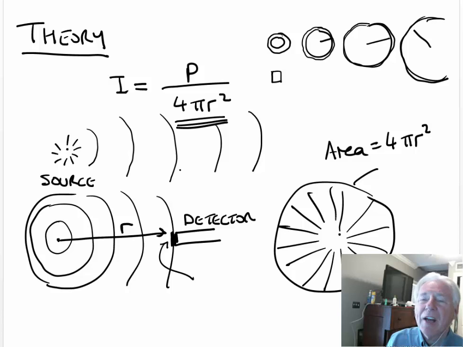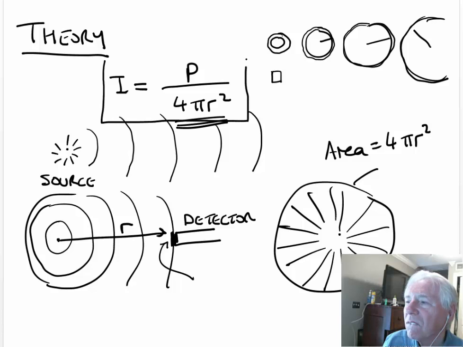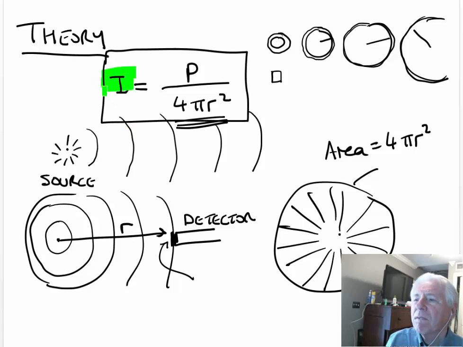We're talking about the area of the sphere that the detector sits on. So this is my theory. Now, if I think about it, I'm going to measure I.